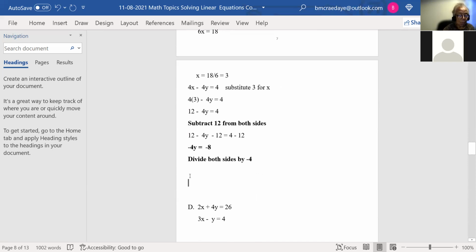So this will be y equals minus 8 divided by minus 4. And what's that equal to, Maureen? 2. Minus over minus gives what? A plus. So y is going to be 2.